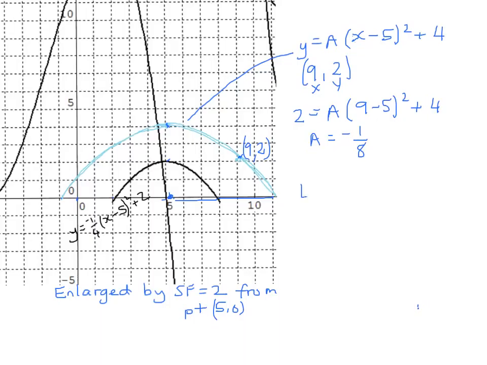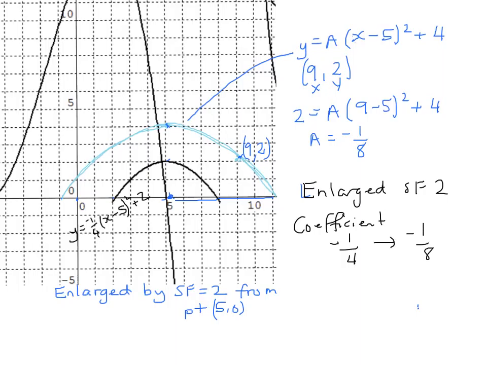So when I enlarged by a scale factor of 2, the original coefficient was negative 1/4, and it went to negative 1/8. So it was multiplied by a half.